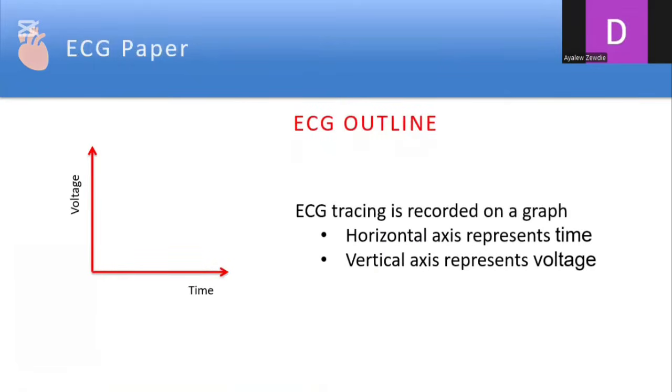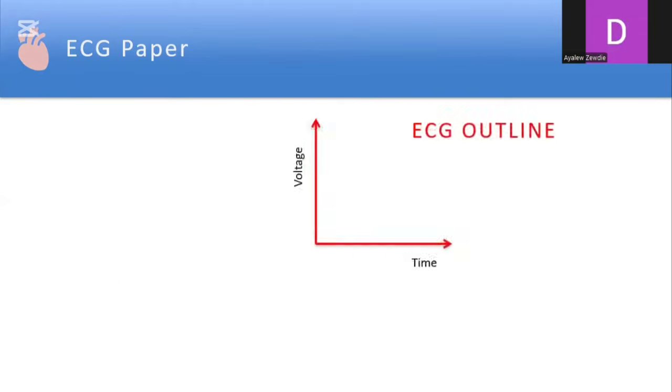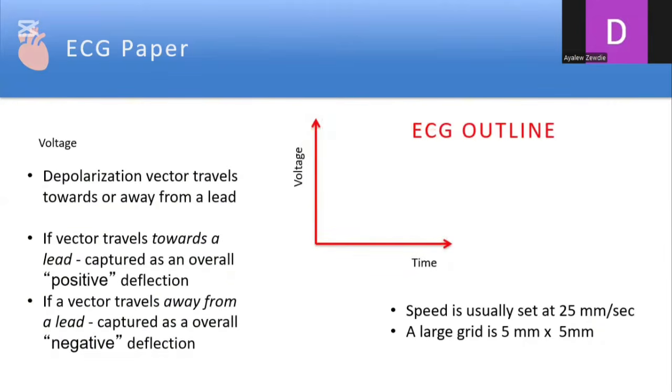So now let's see about the ECG paper. The ECG tracing will be recorded on horizontal and vertical axes. The horizontal axis represents time, whereas the vertical axis represents voltage.